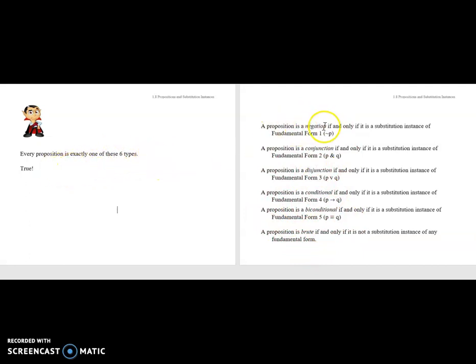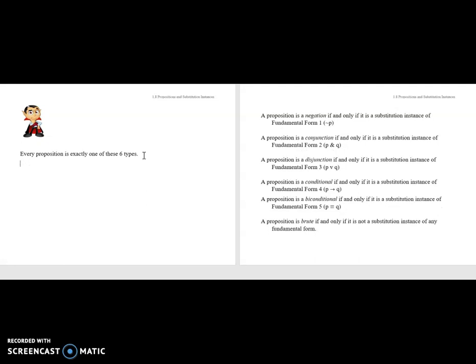And so, we defined fundamental form 1, fundamental form 2, fundamental form 3. We were saying these are the fundamental forms, not P and Q, P or Q, because of this idea that every proposition is going to be one of these 6 types, where we add the brute type to account for things like capital A. But we could alternatively say something like, let's do it this way.